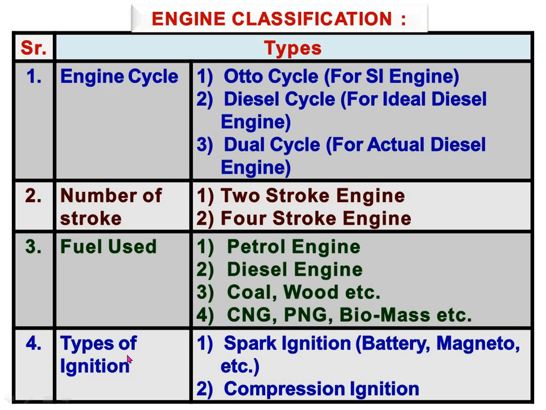Now fourth, according to the type of ignition, means which type of ignition system is there within the engine. According to that, spark ignition. In spark ignition, there are two types of ignition system: battery ignition system and magneto ignition system. And another type is compression ignition. Generally in the diesel engine, the ignition system is compression ignition.